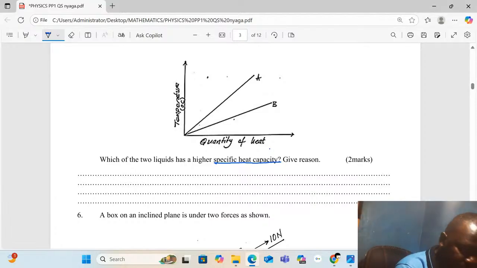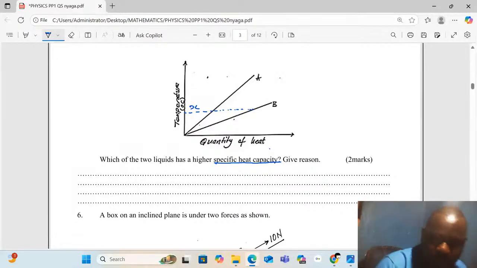So if you compare these two, suppose we want a common temperature of X. And then we compare the amount of heat that has been absorbed or given out.